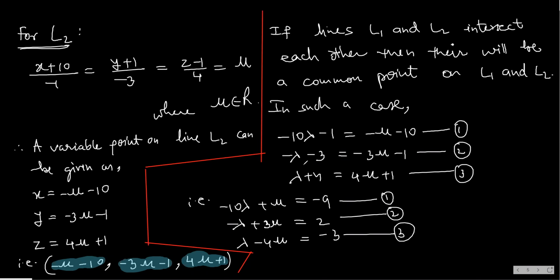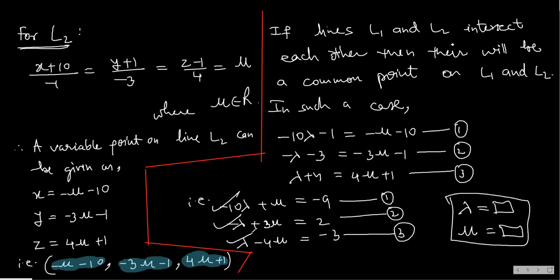In order for that to happen, I should get some lambda value and some mu value for which these three equations are true. That is, x, y, z on L1 and x, y, z on L2 are the same.